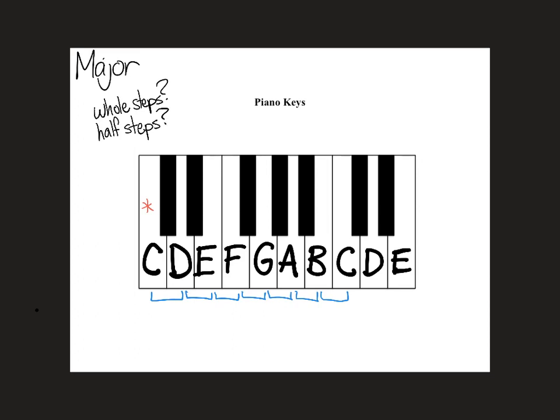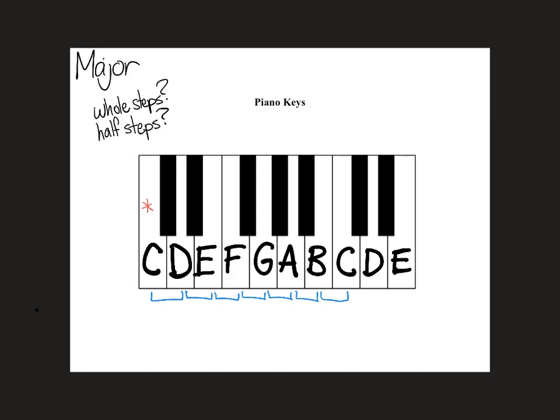Because every major scale, or every scale in general, is made up of a combination of whole steps and half steps. And knowing what that combination is will allow you to figure out a major scale in any key starting on any note.